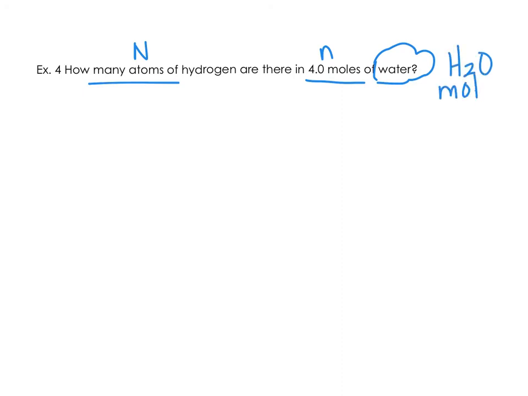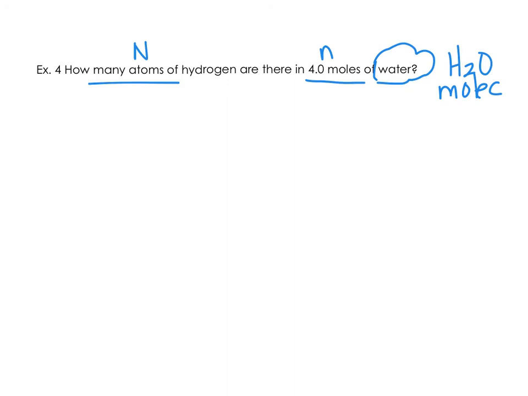So how many atoms of hydrogen? So we're looking for big N. We want it of hydrogen. There's 4 moles, so we know that's n. But our substance is water, and that's a molecule. So Avogadro's number contains molecules.